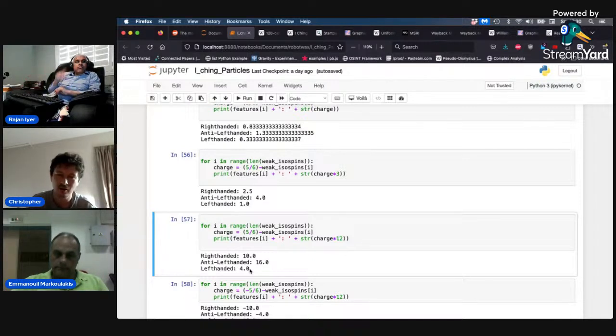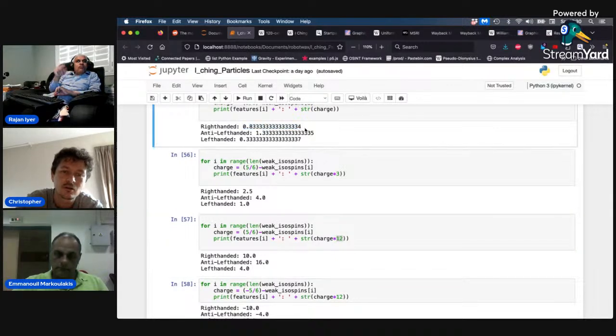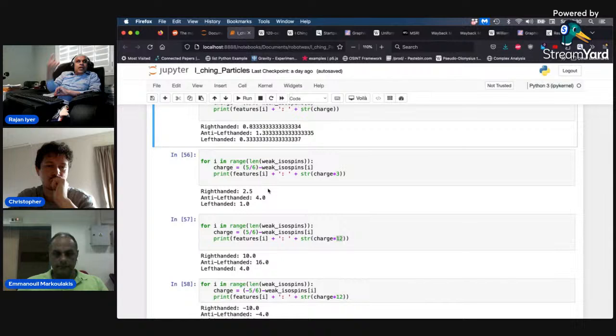Question, Christopher, if I may interrupt. You need to only multiply by 2, right? But because 5 is not there, that's why you have to multiply by 4. No, we multiply by 12 to get rid of all the fractions. No, 2.5 times 2 is 5. That's a complete charge. But you say the 5 doesn't exist. That's why you multiply again by another 2.